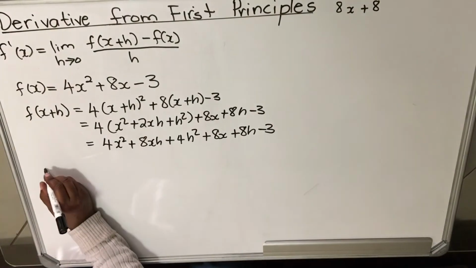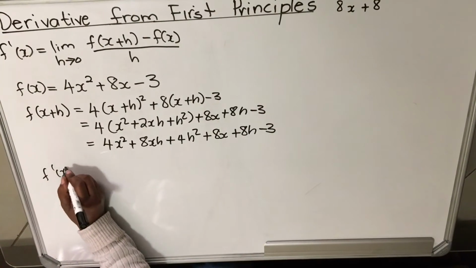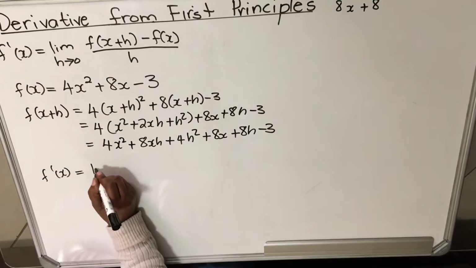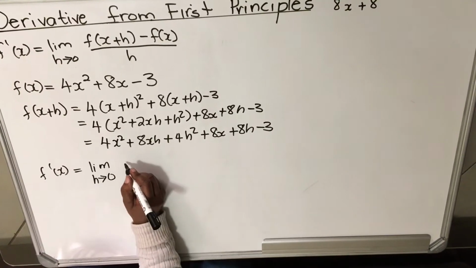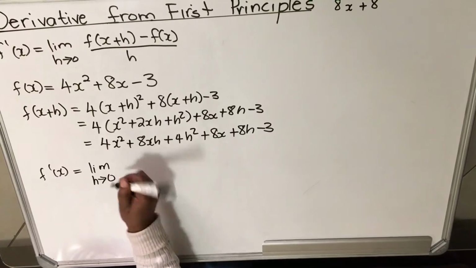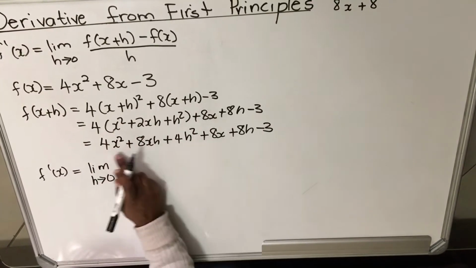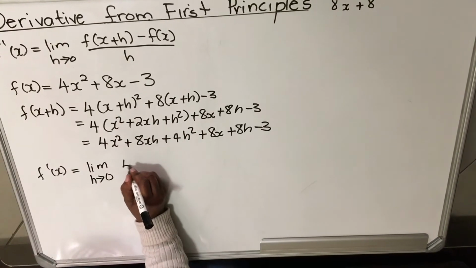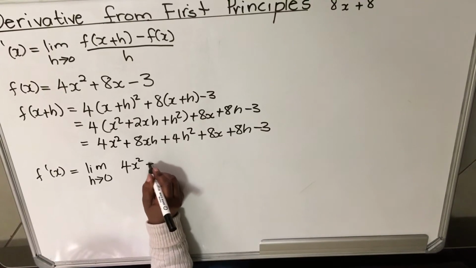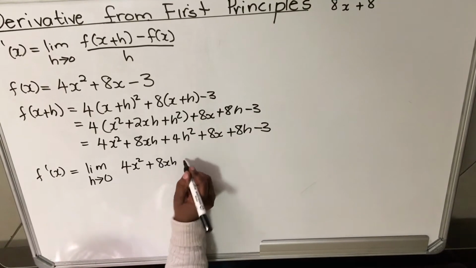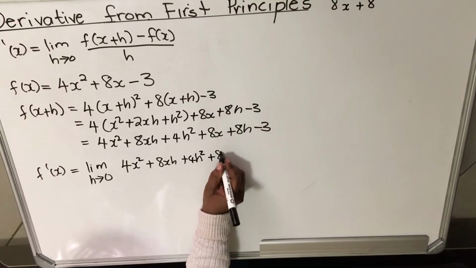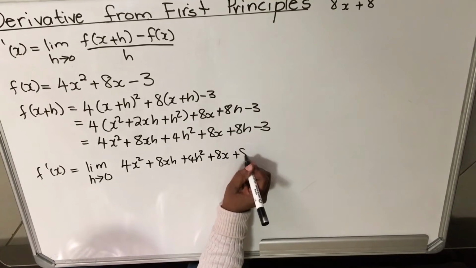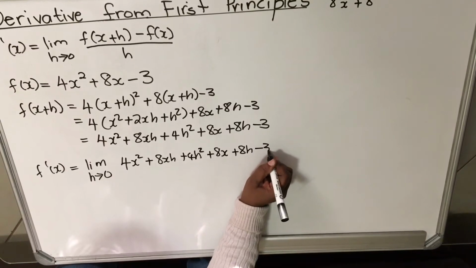And then after that, let's now do the derivative. You write the formula f dash at x, limit as h tends to 0, and then f at x plus h, you write this: 4x squared plus 8xh plus 4h squared plus 8x plus 8h minus 3.